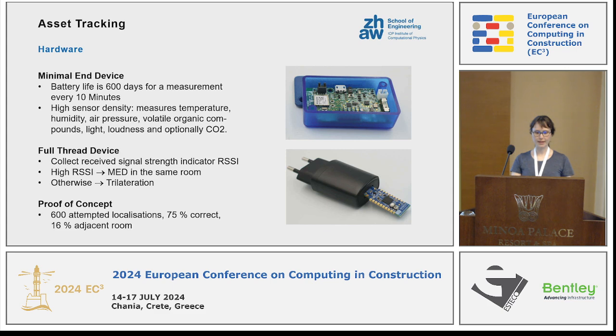And then on the second picture, there is the full thread device. It receives, on one hand, all the measured data from the minimal end device. On the other hand, it also collects the received signal strength indicator, or RSSI, and with this we can track objects.